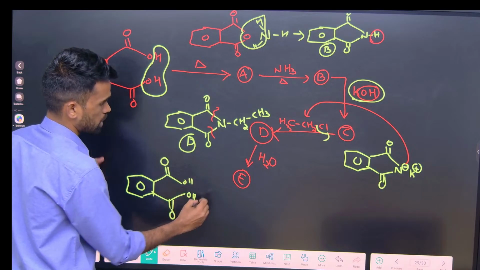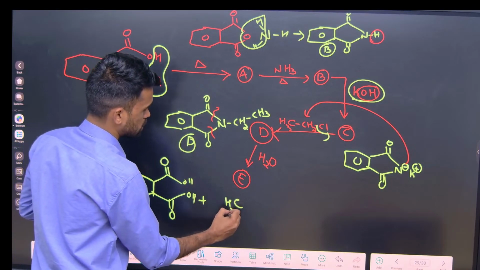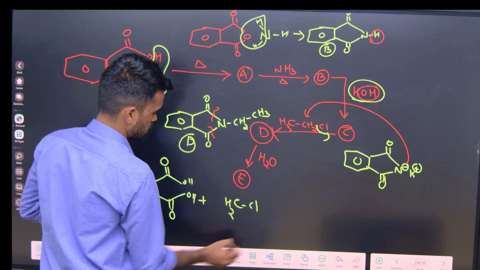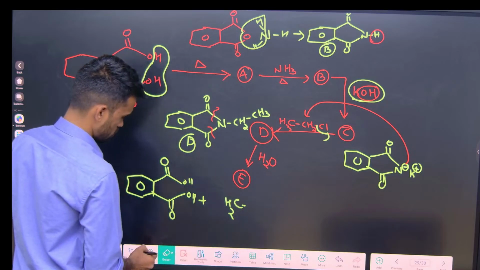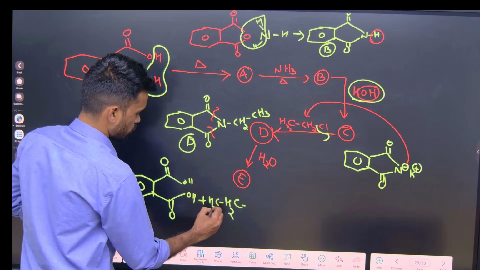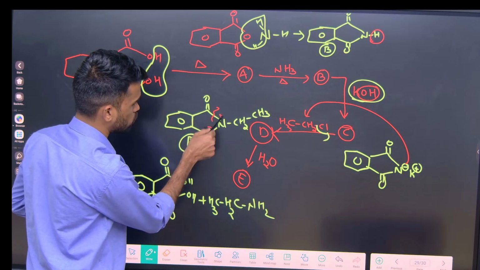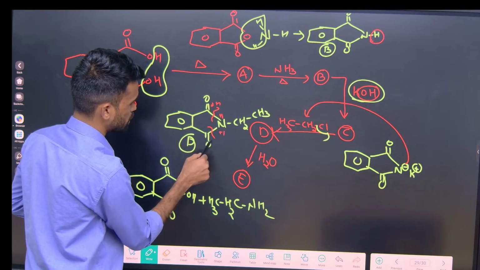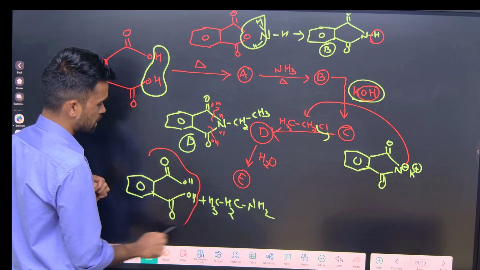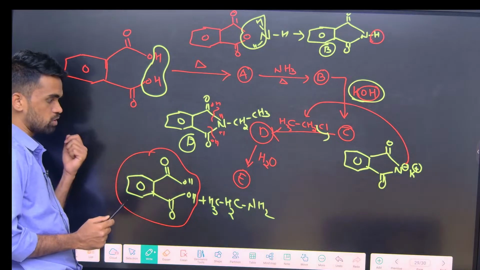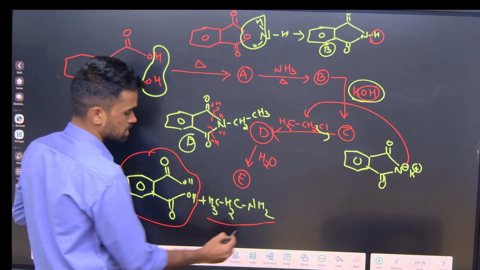This is separated and we are going to get CH2CH3 NH2. Because you are breaking the bond here, we will get hydrogen OH here, hydrogen OH here. So the dicarboxylic acid group you remove out, and you are going to get this as E.